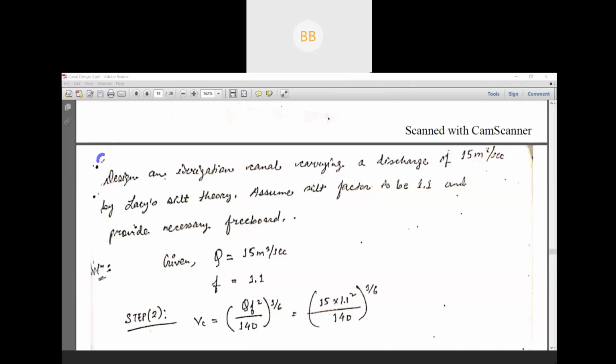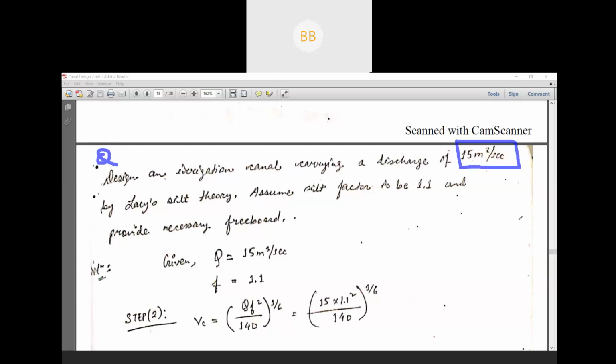So this is our first numerical. Kindly write down the question. So what is given here? Design an irrigation canal carrying a discharge of 15 meter cube per second by Lacey's silt theory.